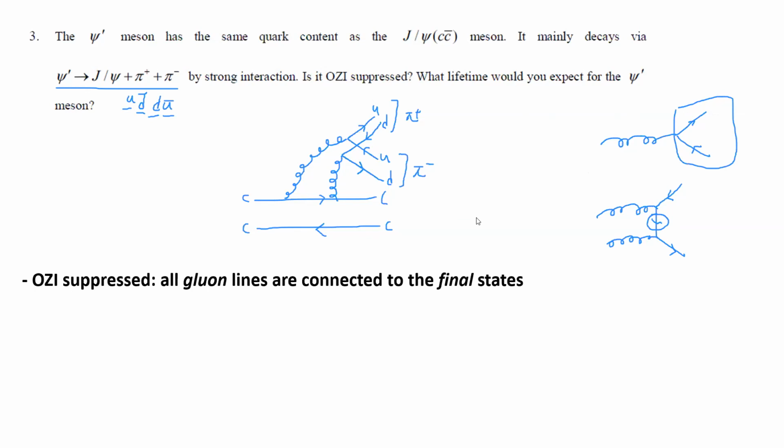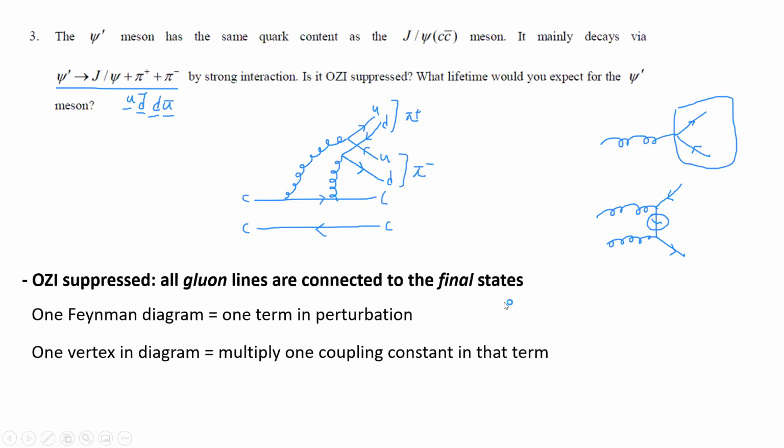And just to revise the argument, we recall that one Feynman diagram corresponds to one term in the perturbation, and one vertex in a diagram means that we have to multiply one coupling constant in that term. That means if there are two vertices, then this term will be proportional to alpha squared. If there are three vertices, then it is proportional to alpha cubed.